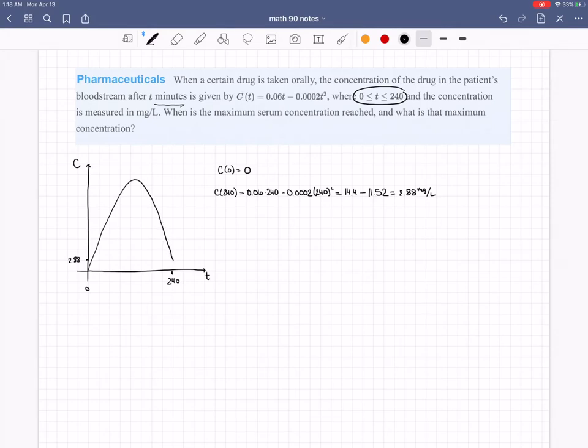And then 4 hours later, it's down to 2.88 milligrams per liter. So that's when we stop monitoring our patient. There is our vertex. So this value is the time at which the max concentration is reached.